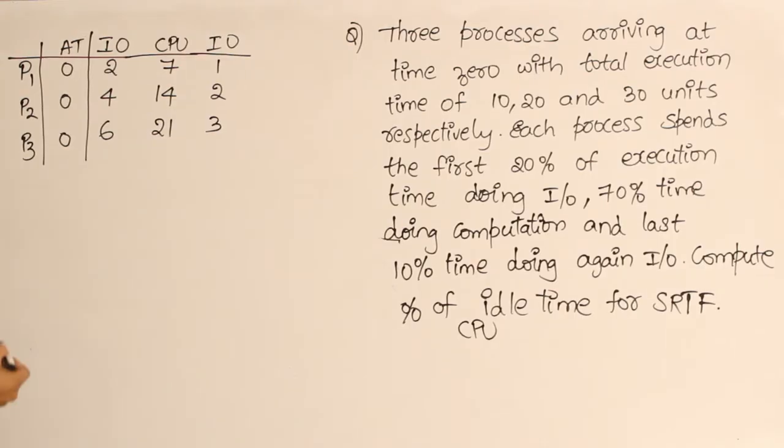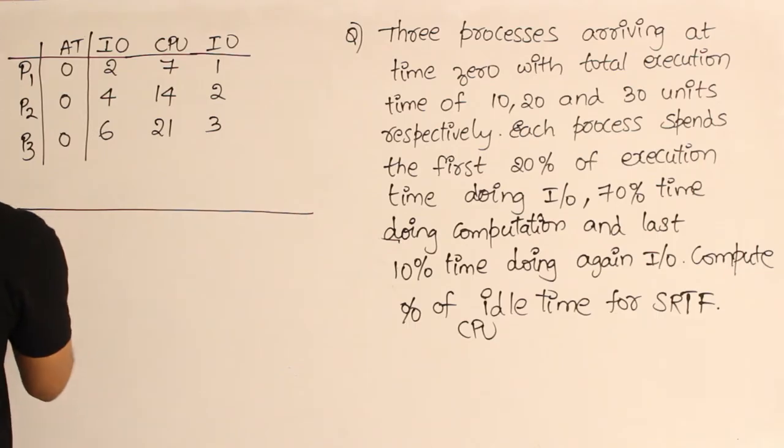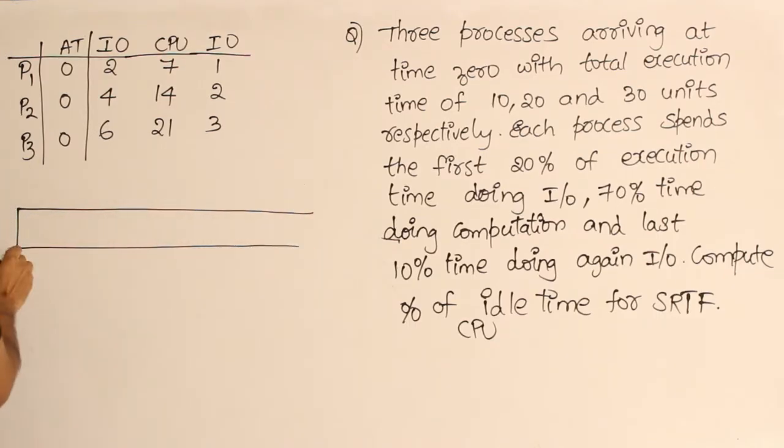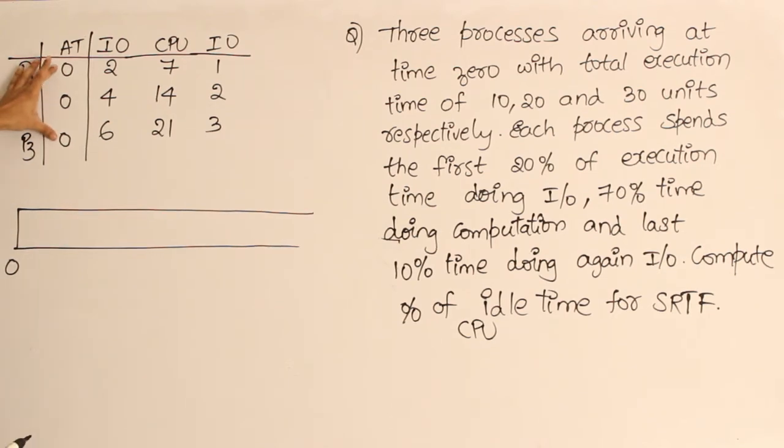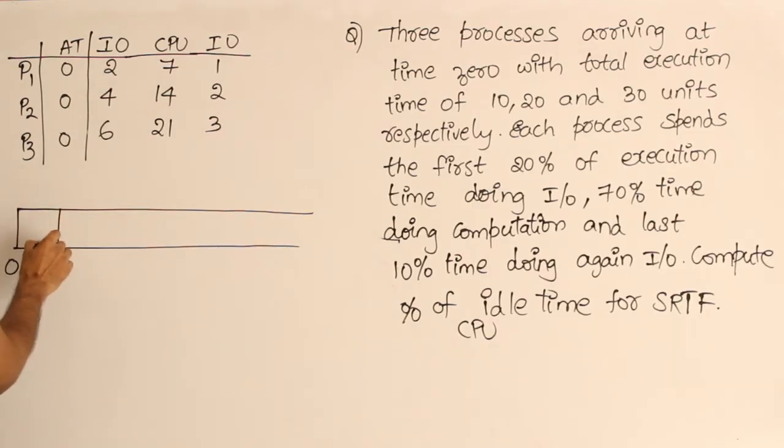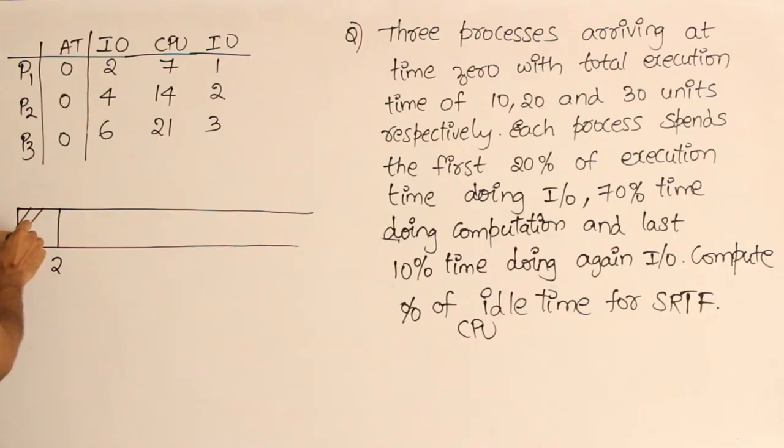So now we are going to use shortest remaining job first. Initially, if I start at 0, there is no process to execute. Even though all the processes arrive at time 0, all of them want to perform the IO first. So all of them are going to go to IO for some time, right? Therefore, for 2 units, no process is available.